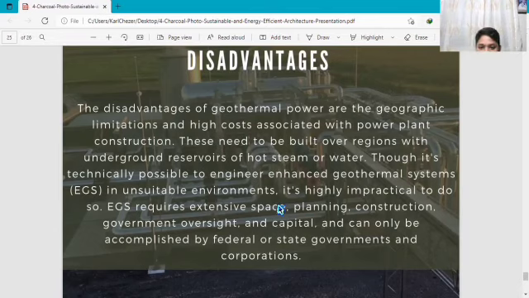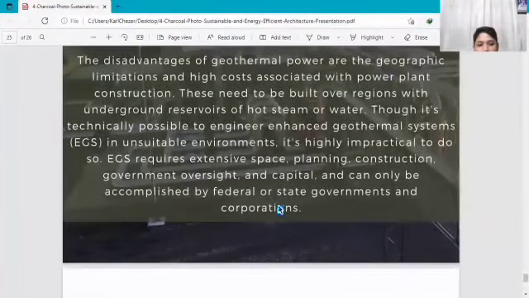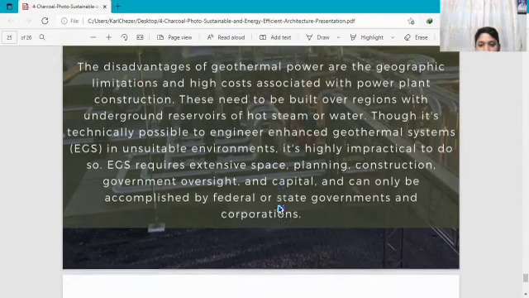This needs to be built over regions with underground reservoirs of hot steam or water. Though it's technically possible to engineer an enhanced geothermal system, in suitable environments, it's highly impractical to do so. EGS requires extensive space planning, construction, government oversight, and capital, and can only be accomplished by federal or state governments and corporations.